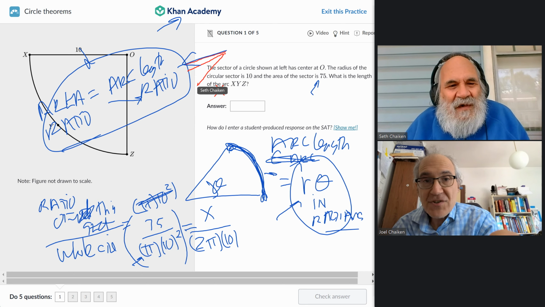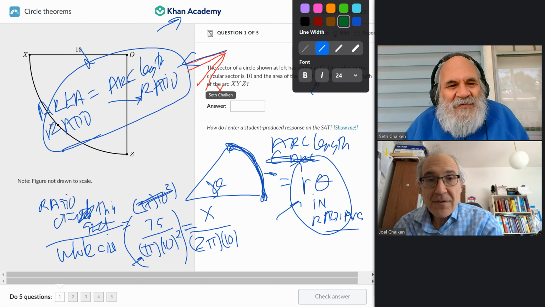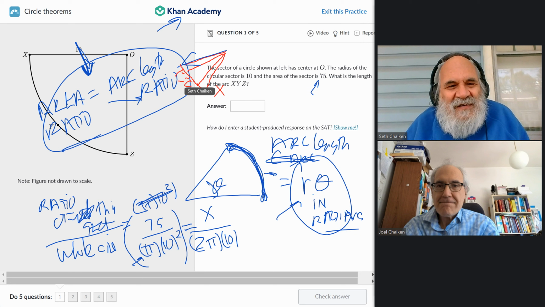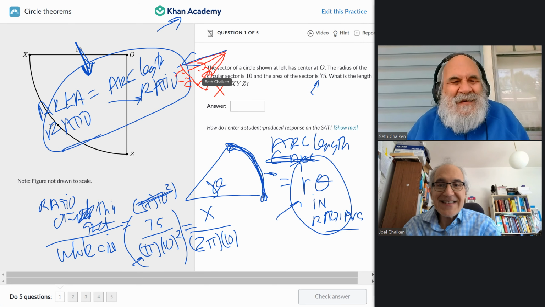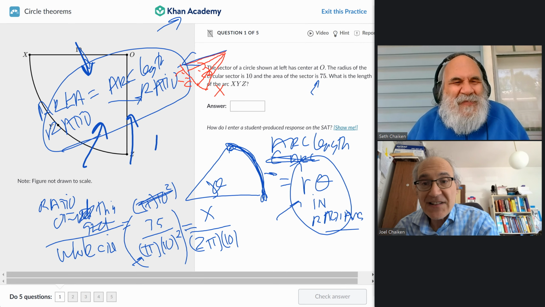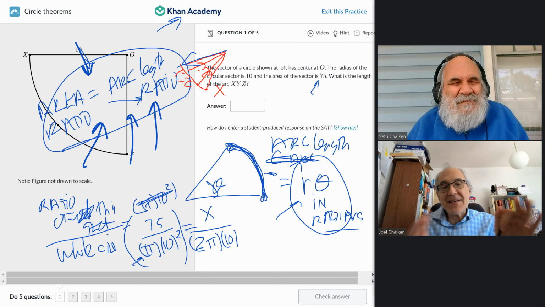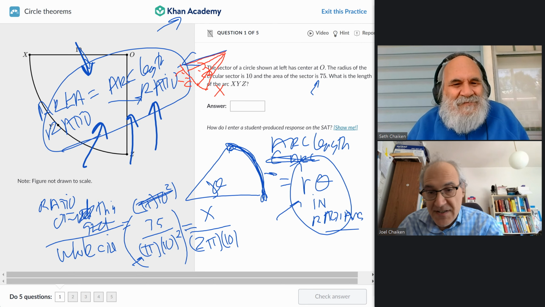This is a major principle, that the ratio of these is the same as the ratio of the areas. That will save you on a lot of problems. And these problems sort of have the same feel. Go as a ratio.